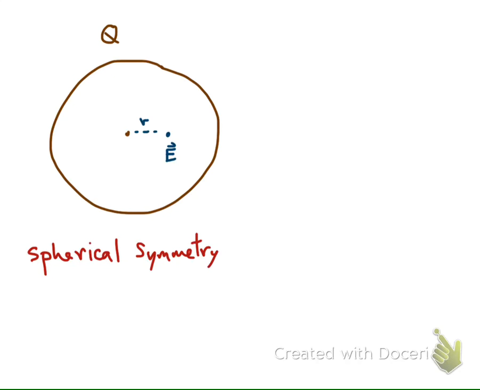That is, if we construct a spherical Gaussian surface inside the sphere, that has the same center, or is concentric with, the object.